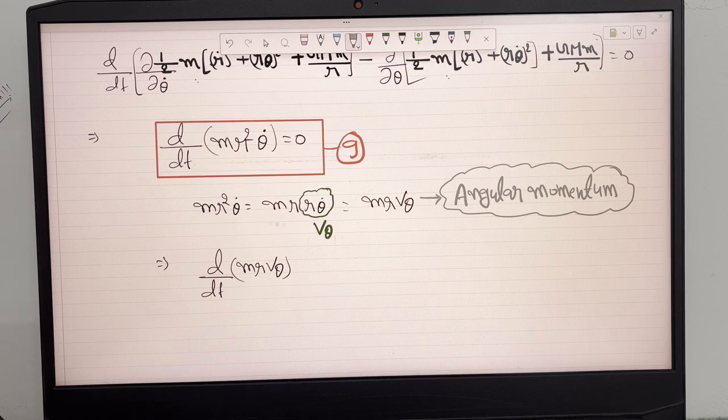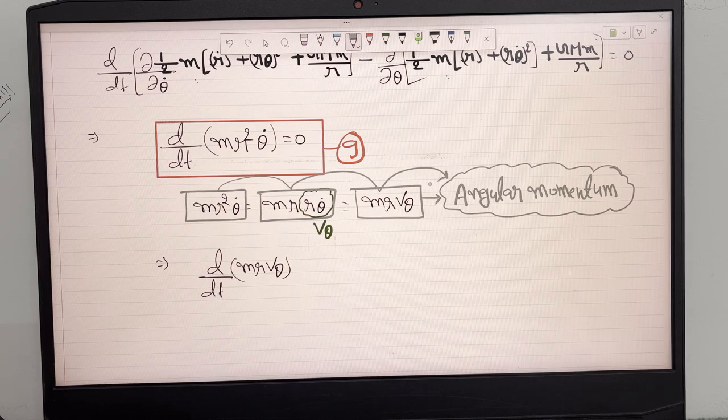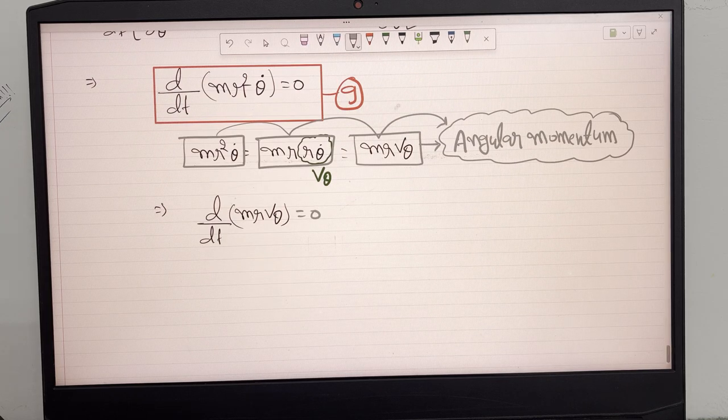So there are forms. It can be m r square theta dot, or it can be m r r theta dot, or it can be m r b theta. All these things are called angular momentum. Now it is equal to 0. From your basics, if the derivative of anything comes out equal to 0, that means there must be a constant, because the derivative of a constant can only be 0.